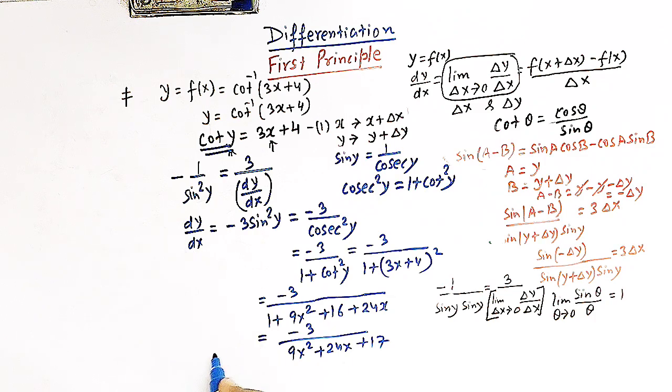Right, so dy over dx is equal to minus 3 divided by 9x square plus 24x plus 17, and the derivative, that is d by dx of cot inverse 3x plus 4, is given by this expression.